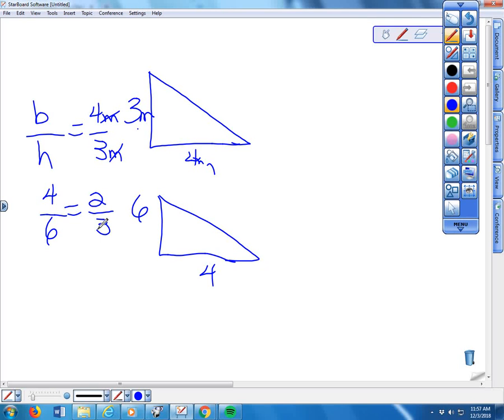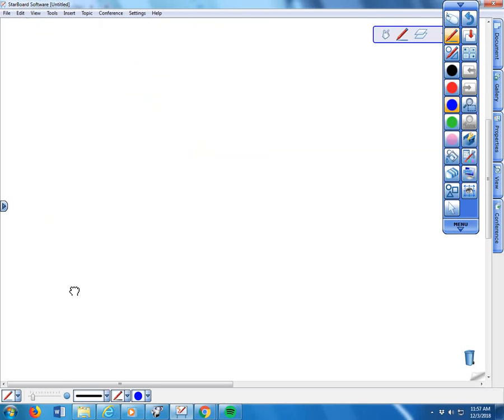If I set two ratios equal to each other, it's called a proportion. And I think on page 2 they went through several what they called corollaries with proportions. When you have a proportion, you cross multiply.